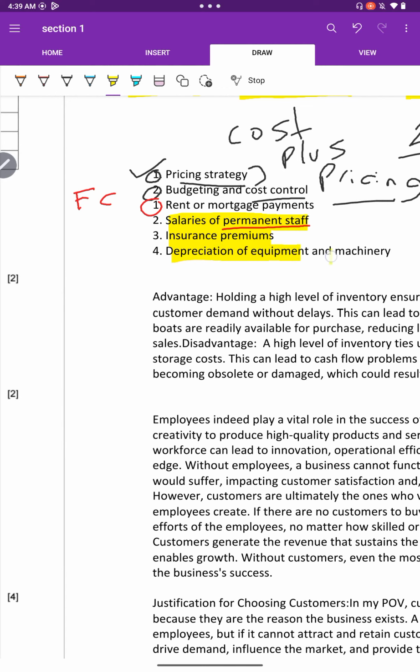Depreciation of equipment and machinery. If you might know about depreciation, especially if you are an accounting student, depreciation means that our machinery and most of our non-current assets lose value over the years, maybe with the same amount or maybe with a different amount, specifically if you are using the reducing balance method.